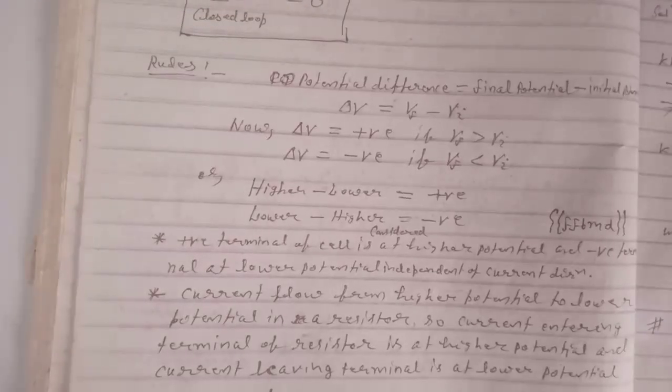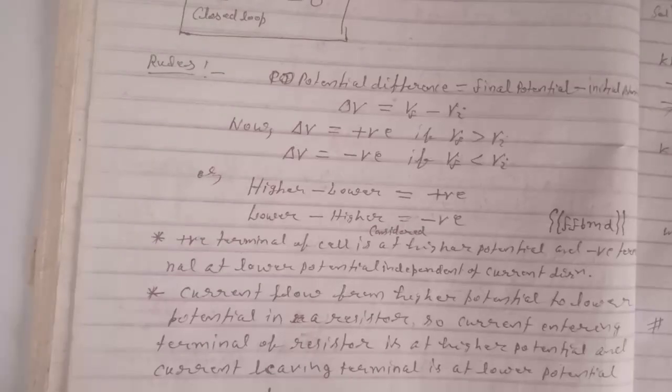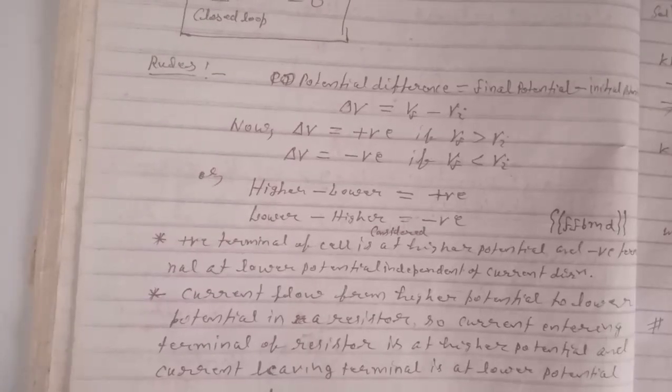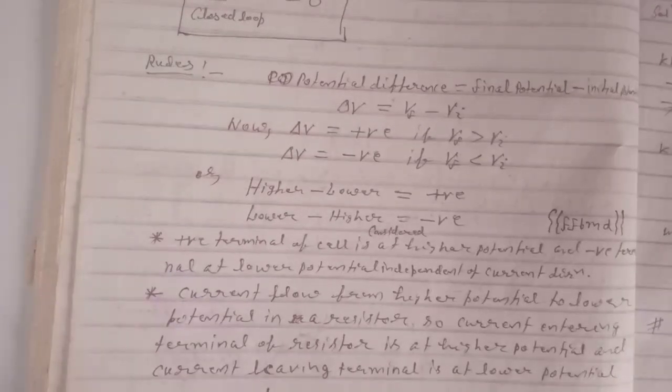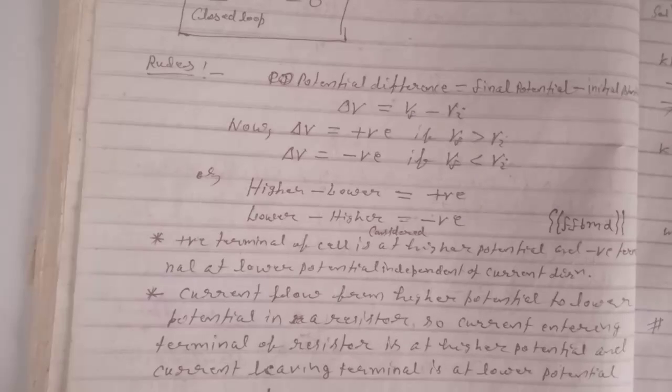So in a resistor, the direction of current decides the potential of the terminals, but in a cell it is independent of current direction.